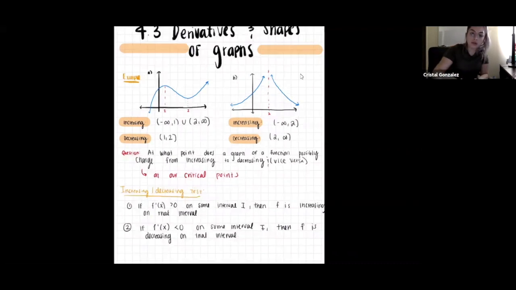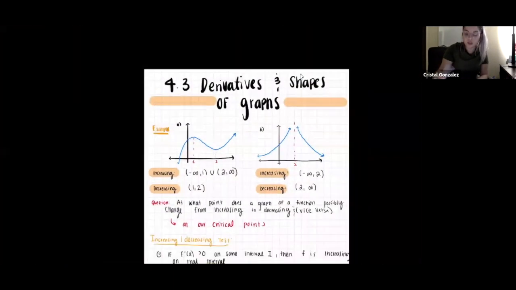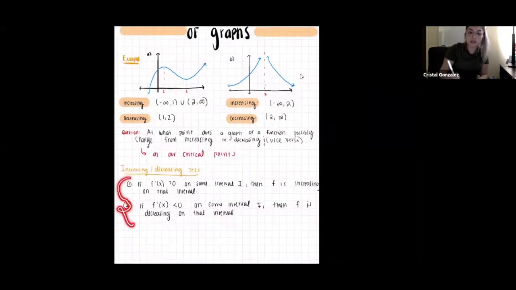So if I zoom in here and draw my little tangent lines on this part of the graph where I know it's increasing, notice that my tangent lines are positive. But then when I switch to the part where it's decreasing, my derivative, or my slope, is now negative. So that makes really good sense with everything that's going on right here. So that's the increasing and decreasing test.